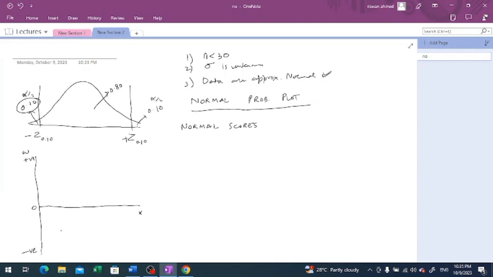So when we connect our data values with the normal scores and we spot this trend, we call this perfect linear.